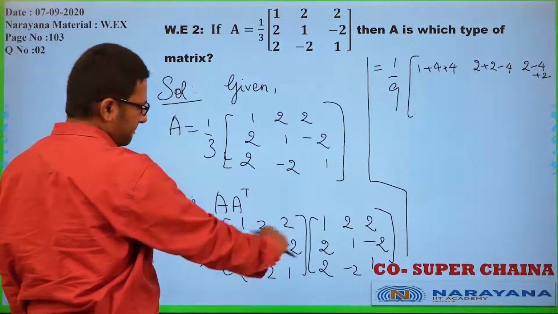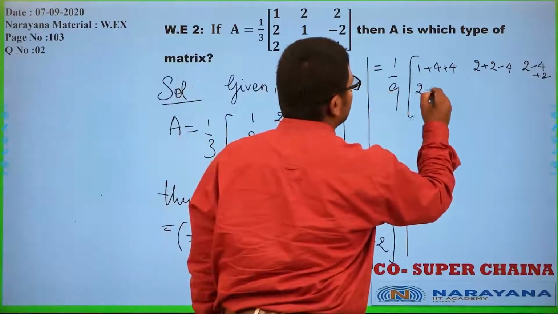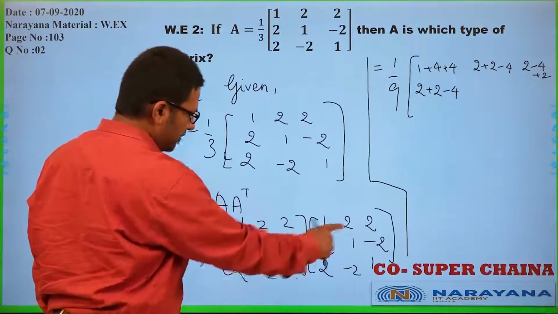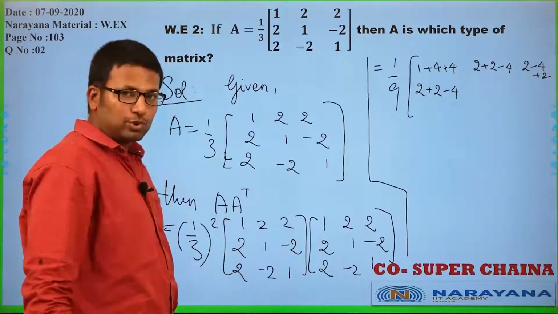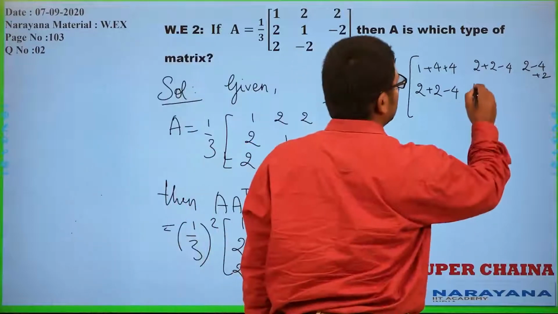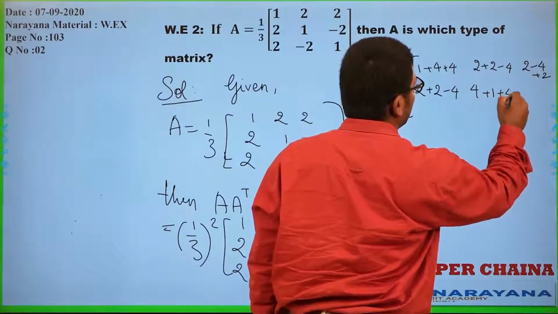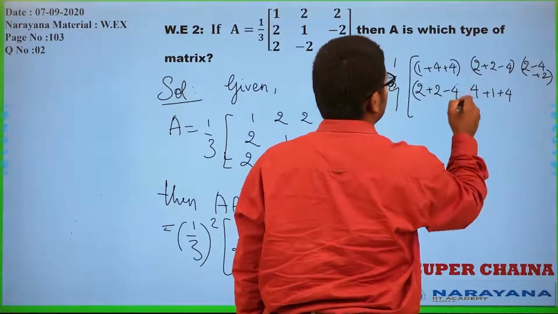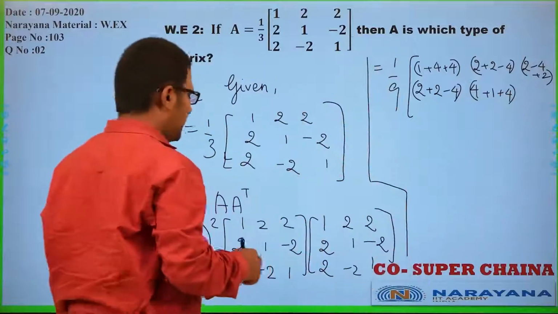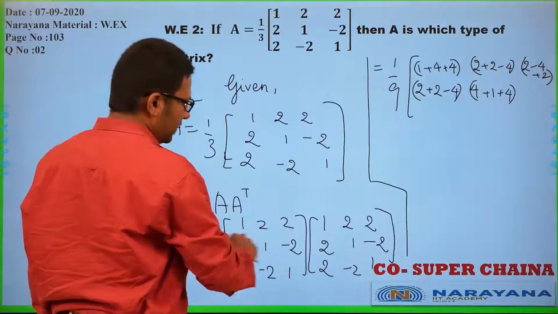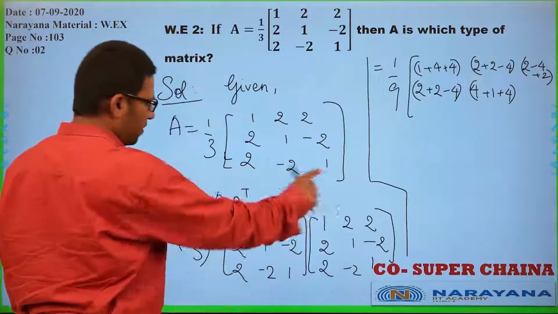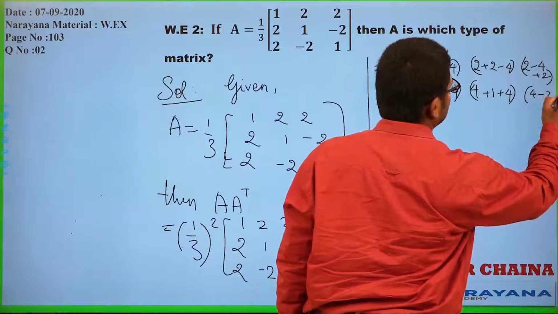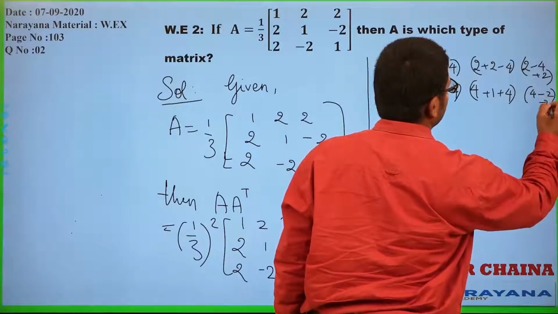So 2 plus 2 minus 4, 2 plus 2 minus 4, then 4 plus 1 plus 4, minus 2 square is again 4. And 2, 1, minus 2 into 2, minus 2, 1. So 4 minus 2 minus 2, 4 minus 2 minus 2.